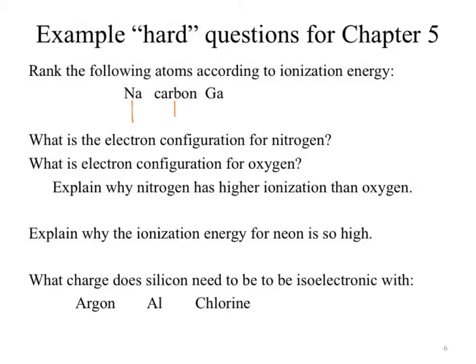Okay? Electron configuration for nitrogen, electron configuration for oxygen. Both of those you should be able to go through and do. Here's how I could ask the trick question with the ionization energy. I now tell you nitrogen has a higher ionization than oxygen. Given that information, you need to explain why. Well, we just talked about what happens with our ionization.